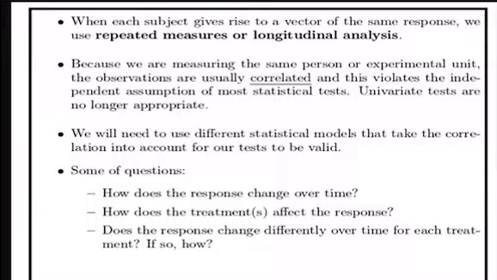Because we are measuring the same person or experimental unit, the observations should be correlated. And when observations are correlated, it means there's a violation of the independence assumption. Most statistical tests that assume independence cannot be used here.